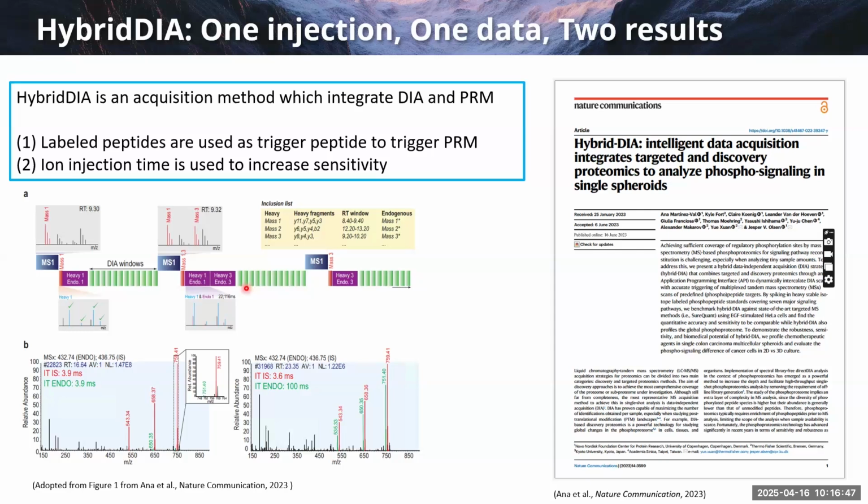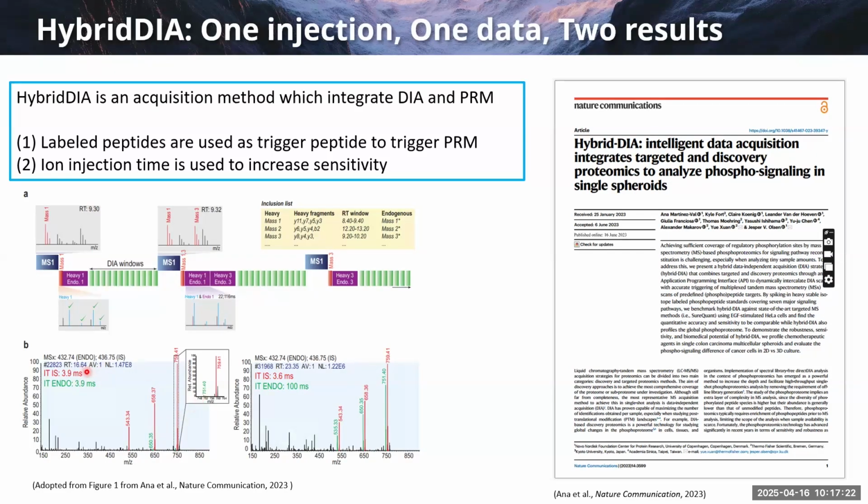And this time someone will ask, maybe most of you have heard about the SureQuant method. It uses basically the same idea, but the one unique feature of the hybrid DIA method is here. It can adjust the ion injection time for each ion. So that means if at first we find that for the target ions, the relative ion intensity is very low, the sample amount is not enough to generate enough signal for us to analyze.